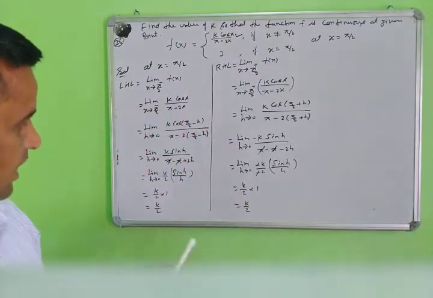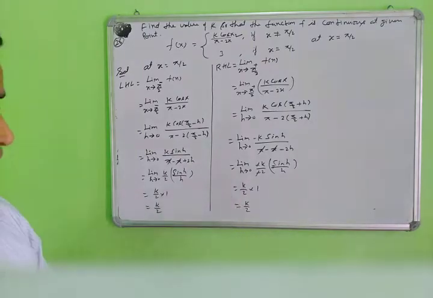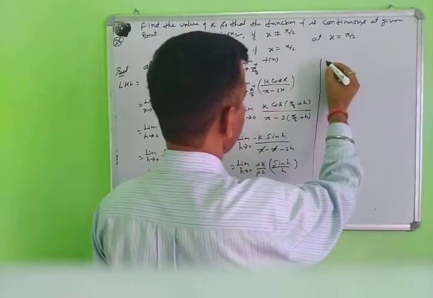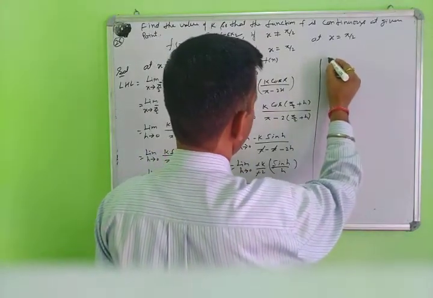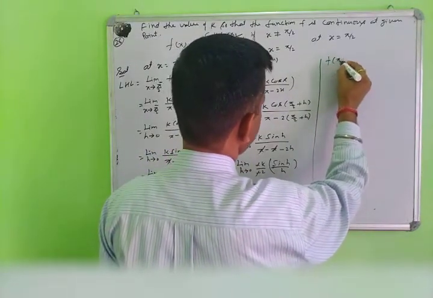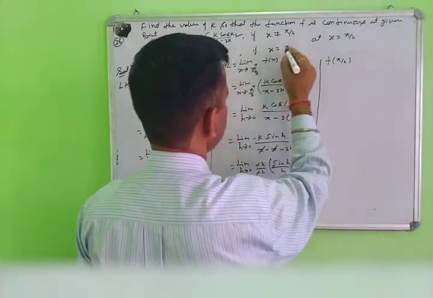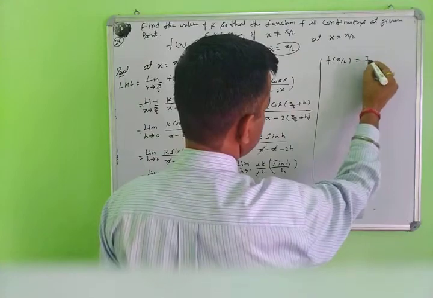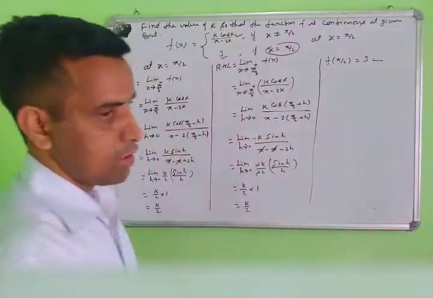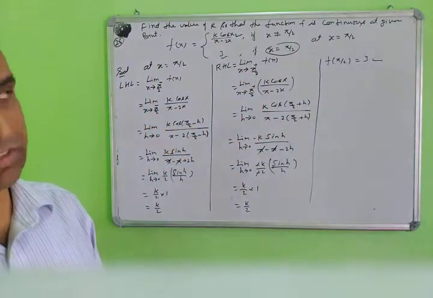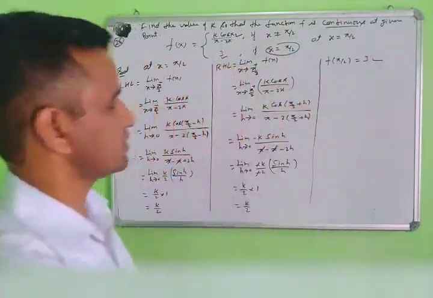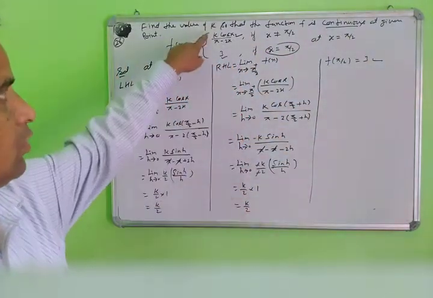Now look here, the LHL value and RHL value are the same. Then next, find f(pi by 2). The value of the function at pi by 2 is 3. Now, given the condition that this function is continuous, find the value of k.